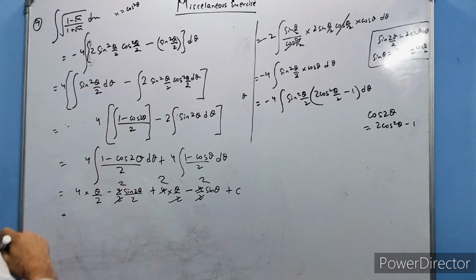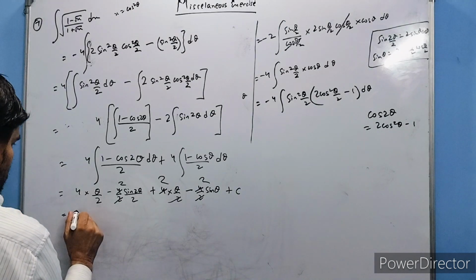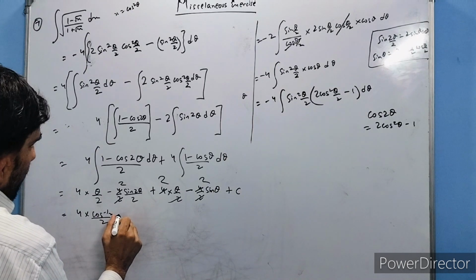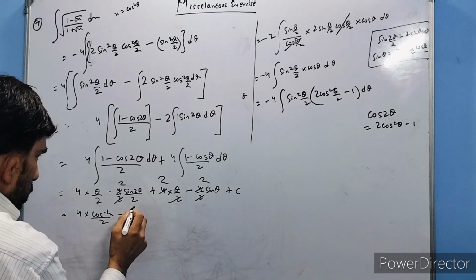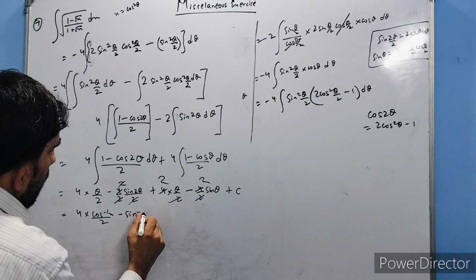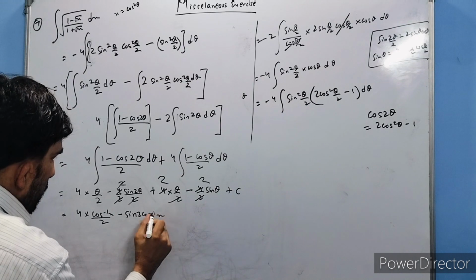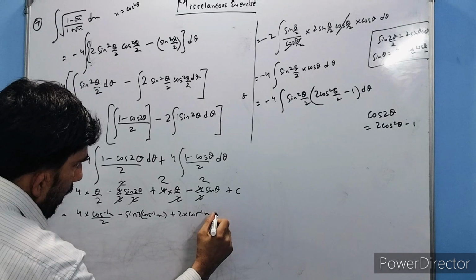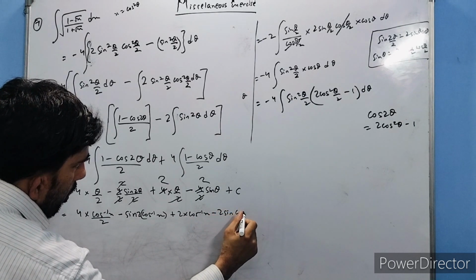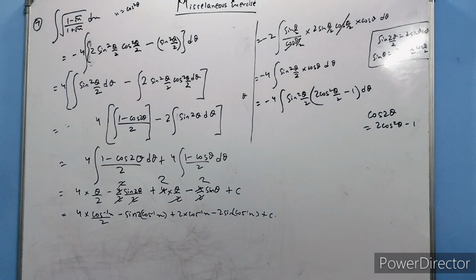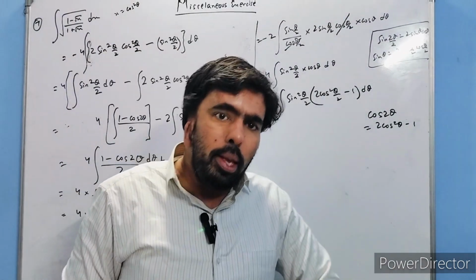So theta will be 4 into cos inverse x upon 2, minus by 2 we have sin 2 into theta, that is cos inverse x, plus 2 into cos inverse x minus 2 sin cos inverse x plus c. That is how we can easily solve the numerical.